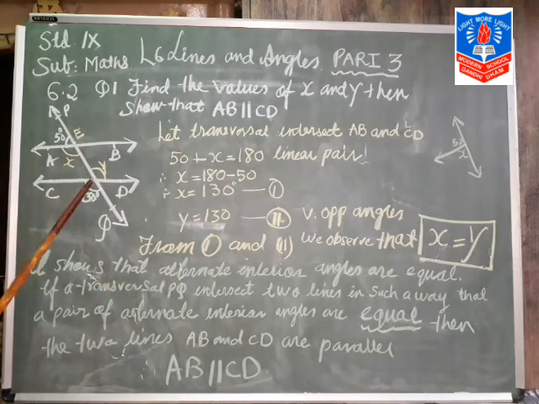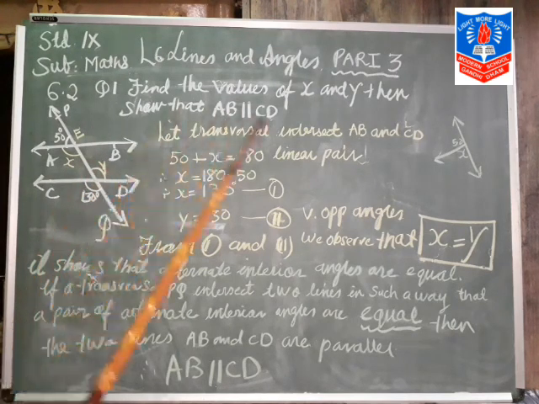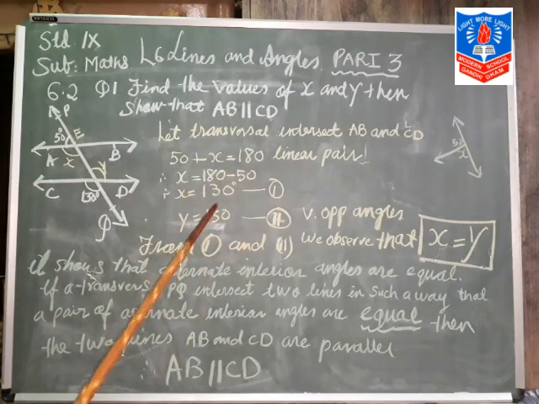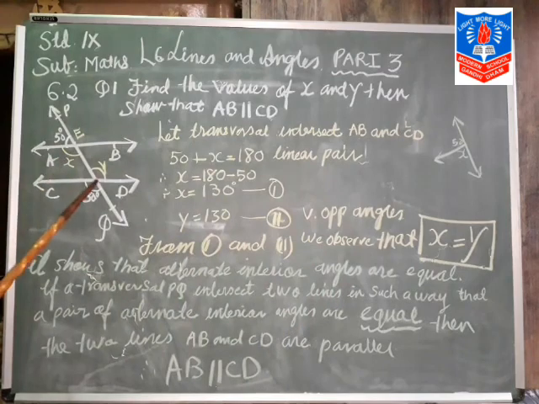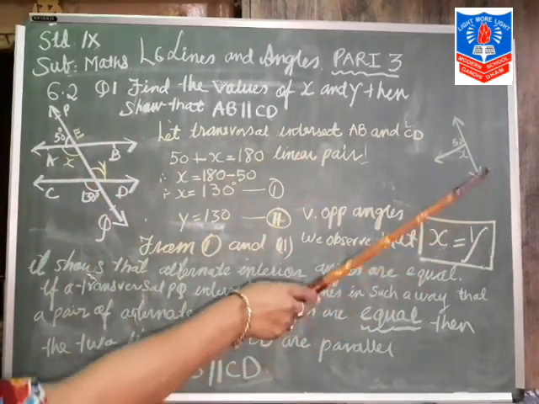Clear? Here this angle and this angle are vertically opposite angles, so vertical angles are congruent. This is 130, so y is also 130. Why? Because they are vertically opposite angles. So from the first and second we observe that x equals y, because x equals 130 and y is also 130.